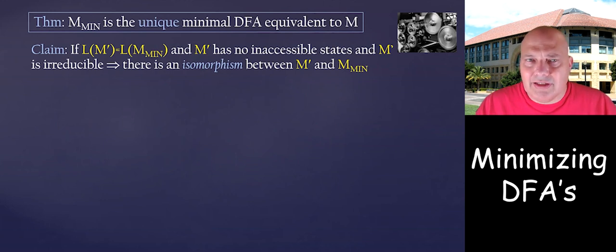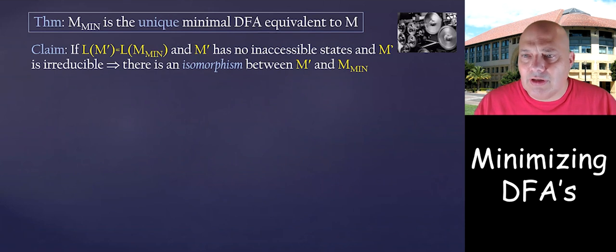The claim is that if L of M prime, so some other automaton M prime, is the same as L of M min, and M prime has these properties that we like, it doesn't have inaccessible states, and it is irreducible, then there is an isomorphism between M prime and M min, meaning that M prime and M min are essentially the same automaton up to renaming.